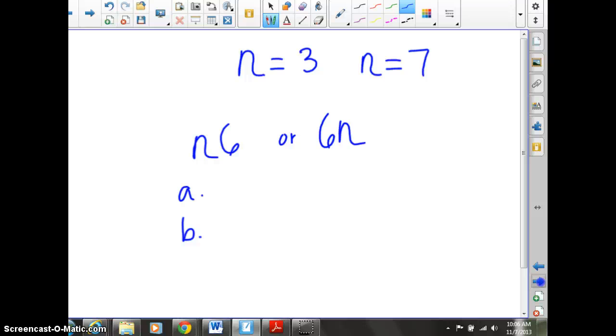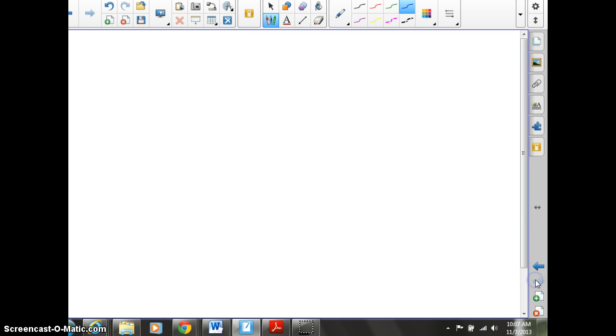Pull out your chart if you need it. Now, is it true that if I slide this 3 down in place of N that it means 36? No, it means 3 times 6. Eileen says 18. Good work. How about the next one? We need to write a little faster, people. Natasha. 42. 7 times 6 is 42. Good work. All right.